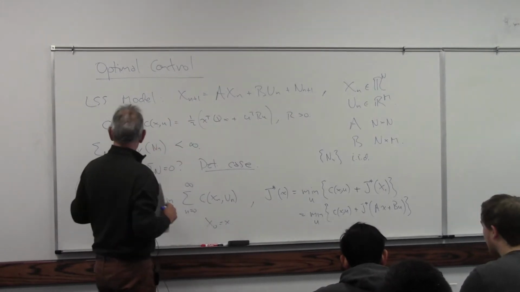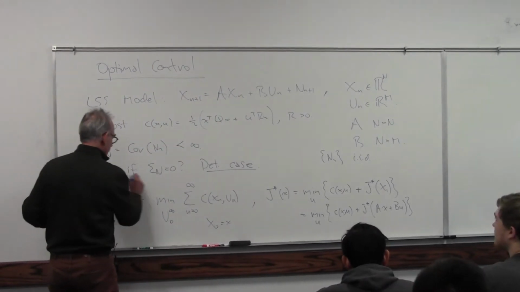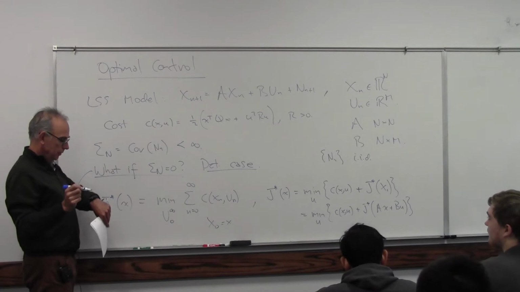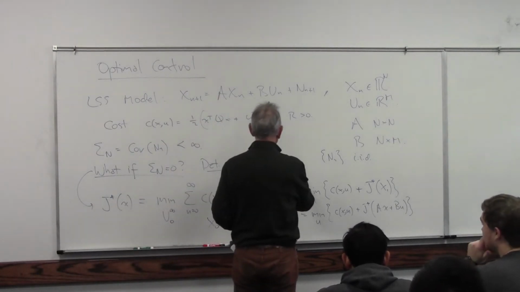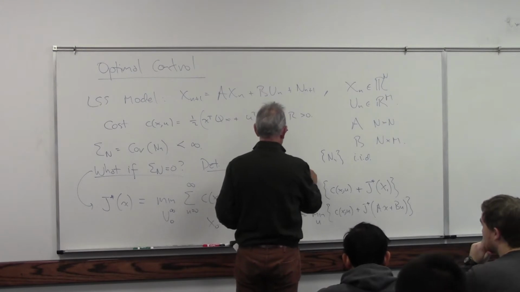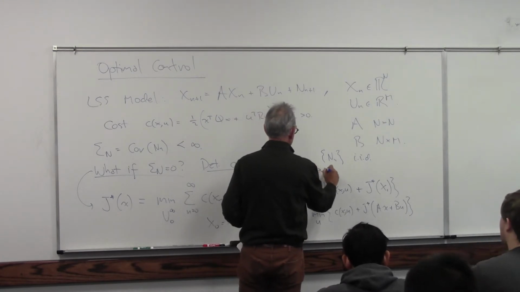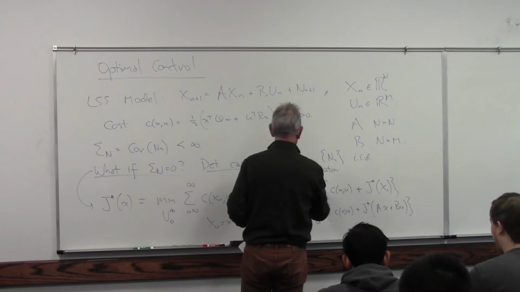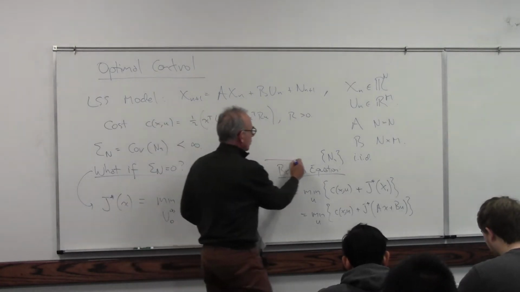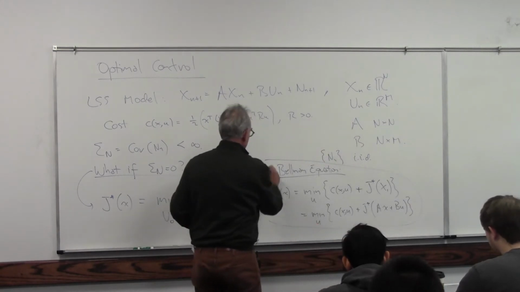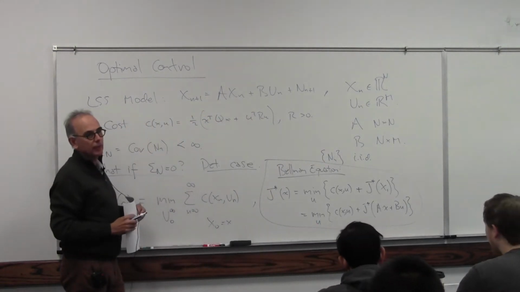Okay, so again, this is what if the noise is 0? What can we do? So this is called the Bellman equation. And it's a fixed point equation in this function J star.